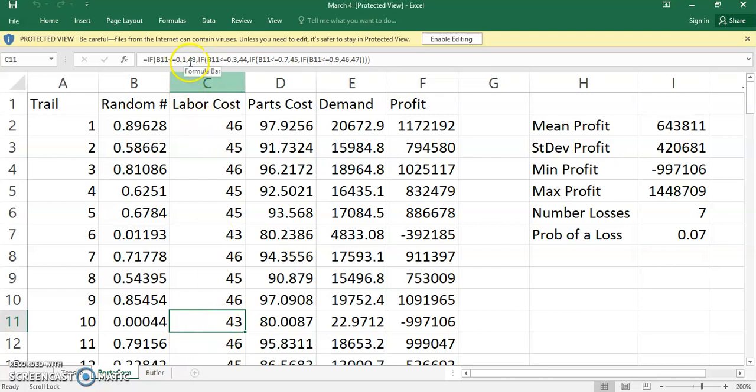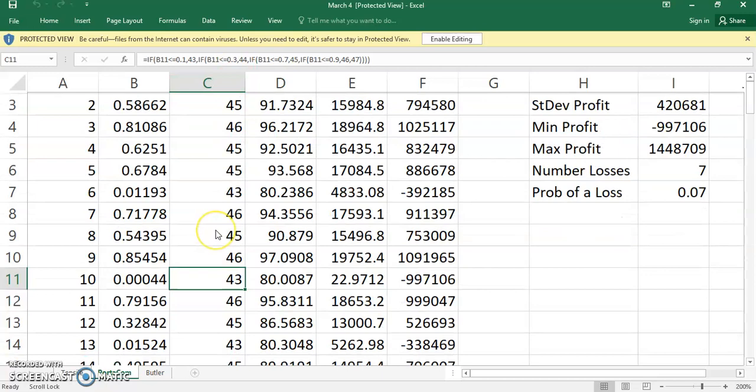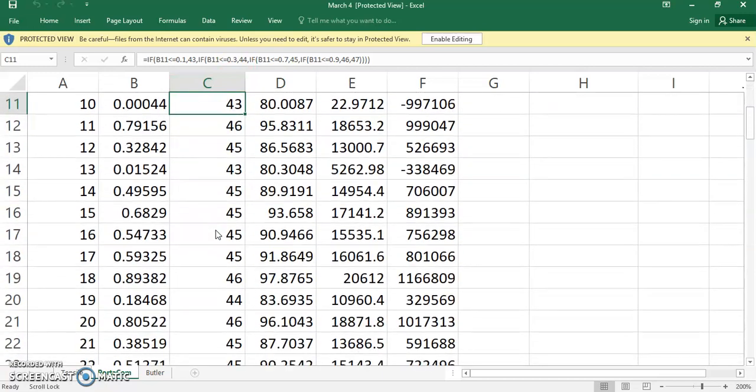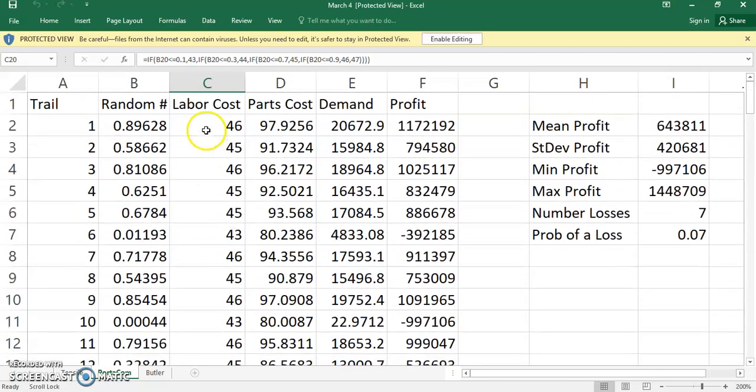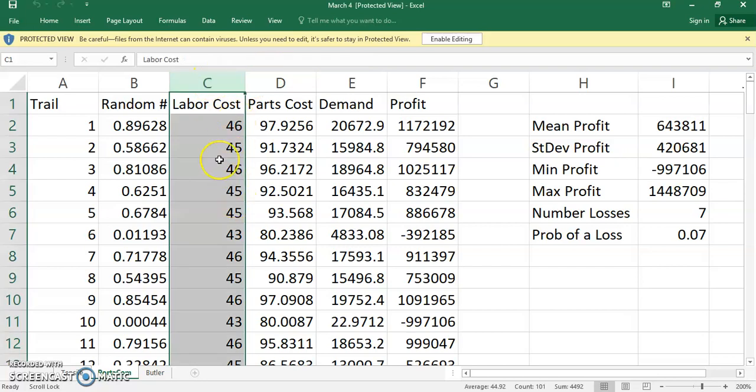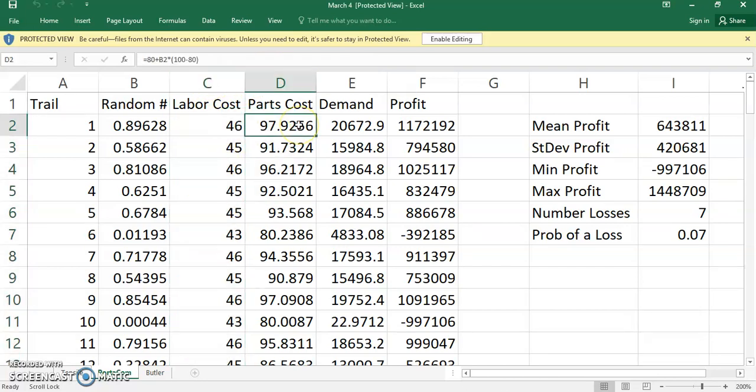If it wasn't less than 0.1, then if it was less than 0.3, give me a 44. That doesn't happen for a while. Trial 20 is the first time that happens. And then you can just read through it. It's the exact same formula that I talked about in the video. But this gives me all of my simulations of labor cost.